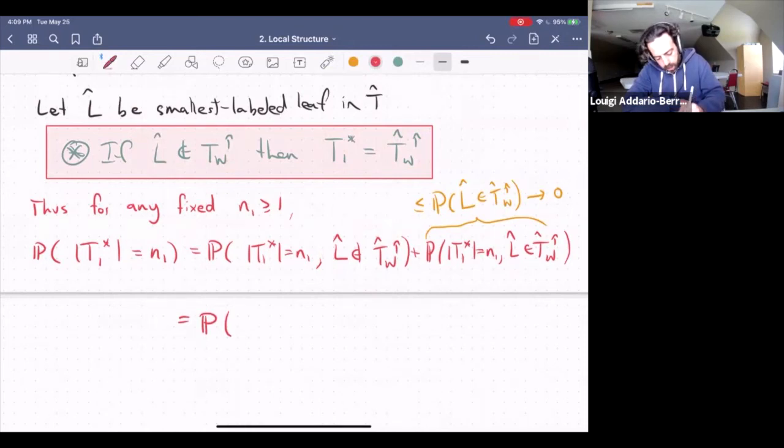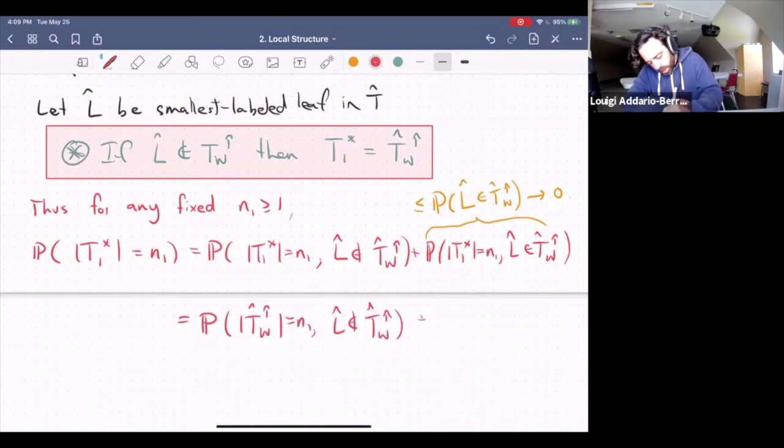So the first probability is just the probability that the subtree at W in T hat has size N1 and L hat is not in this subtree. And now we have this order 1 error.